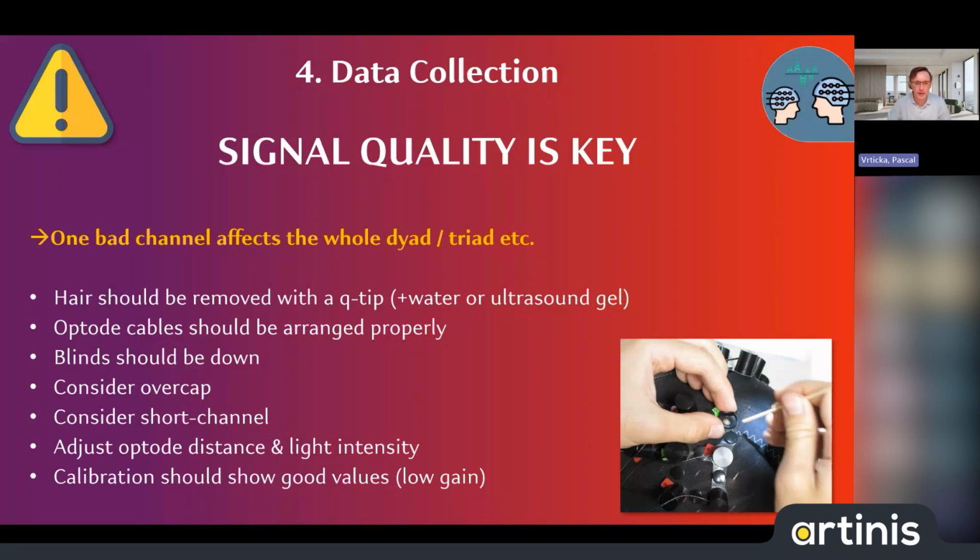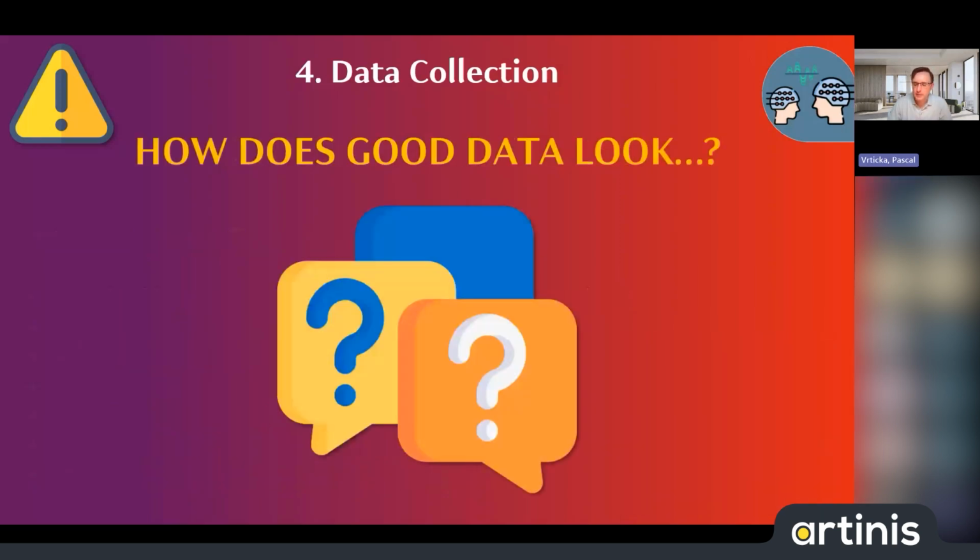And you can also look at gain, for example, although there are quite a few different ways of determining signal quality at the beginning. And that brings me, of course, to the next question. How does good or bad data actually look like when you start your data acquisition?